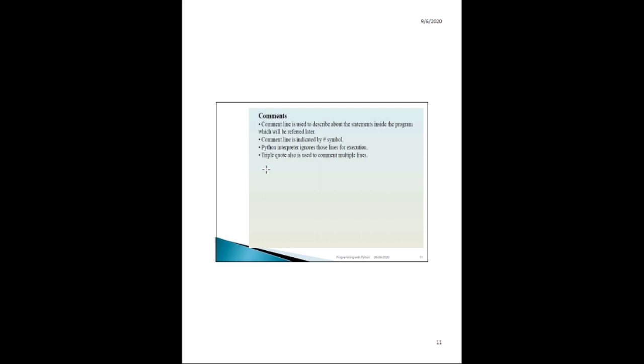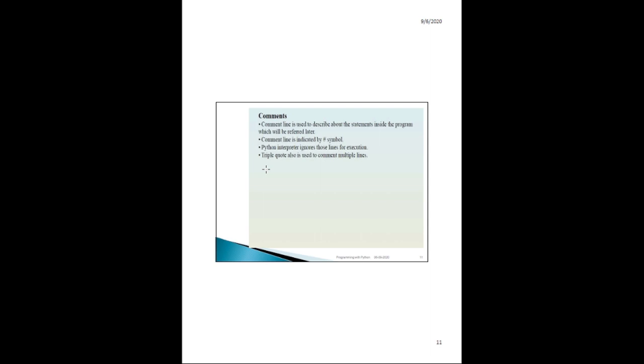Now next we'll see what is meant by a comment. What is the purpose of a comment? When we are developing, we want to give some information to the developer so that he can understand what is there. Say in a real-time project scenario, if a person is developing a project and in the middle of that project he has just left the company, then if another employee has been assigned the same project, he doesn't know what the previous employee has done.